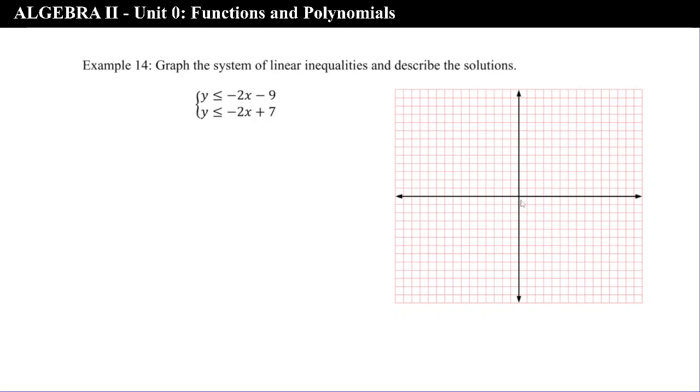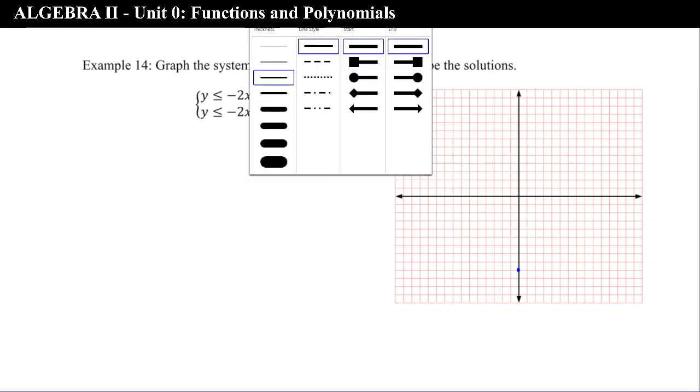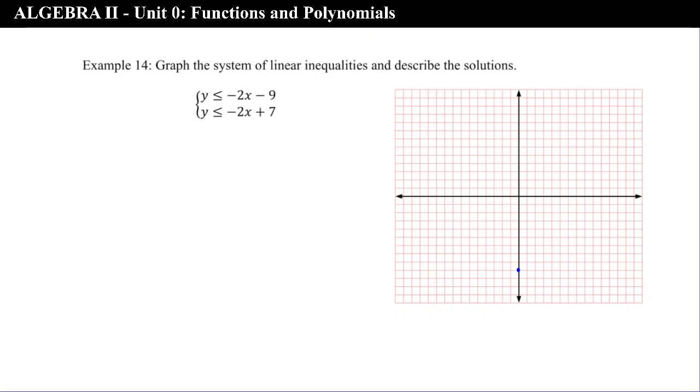So minus 9 is our y-intercept, so 1, 2, 3, 4, 5, 6, 7, 8, 9, and there we are right here. Our slope is negative 2. We are going to draw a solid line, since we have an equals to portion of the inequality, and it's going to look something like this.